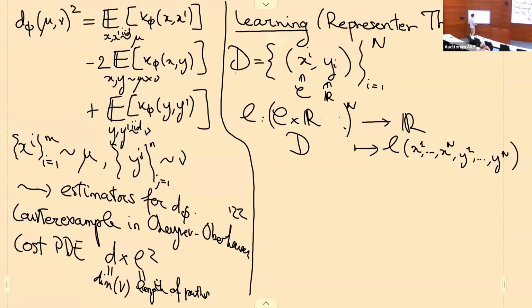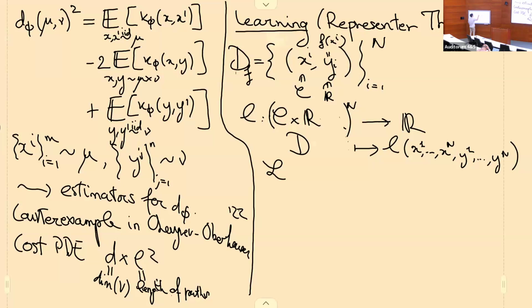Then what I can do is define L of f. The data set depends on f, because the y_i are equal to f of x_i.